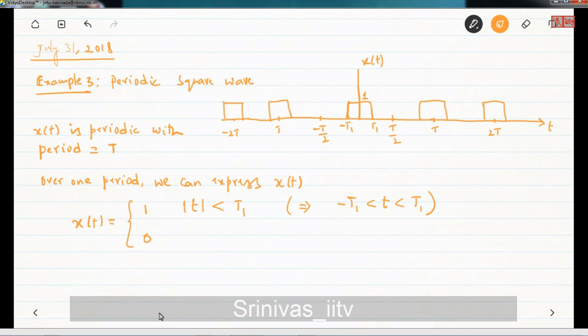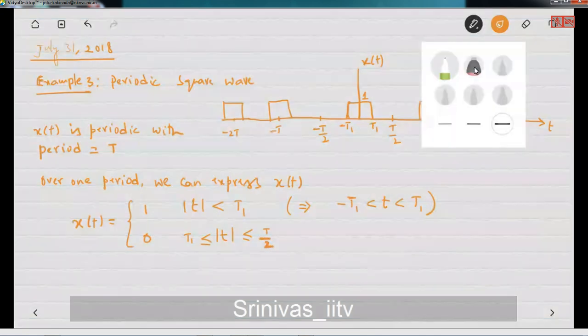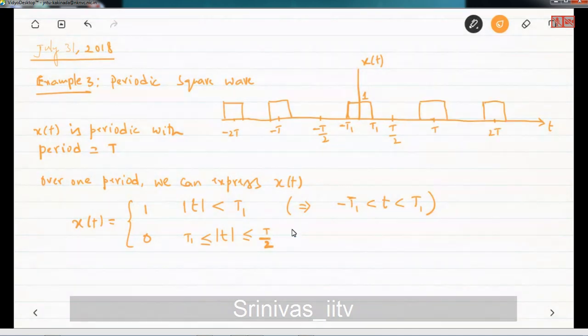And it is 0 for T1 less than modulus of t less than or equal to T by 2. What does this mean?